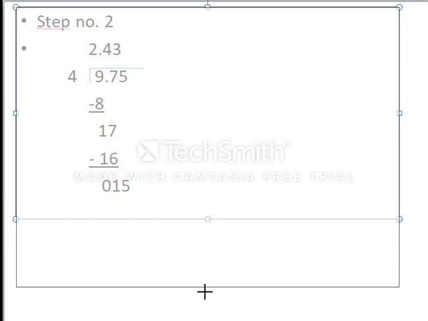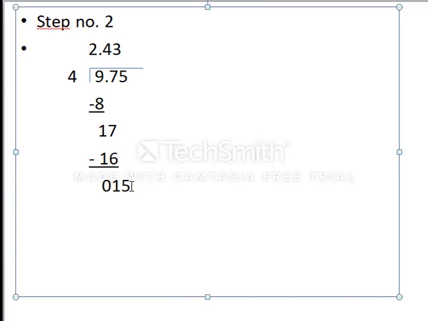The nearest number is the number 3. 4 times 3, it is 12. Now I'm going to subtract. 15 minus 12, it is 3. You cannot divide 3 by 4. So I'm going to write here the number 3.